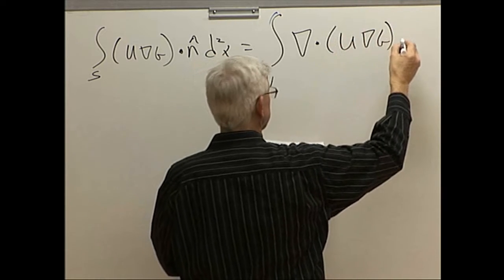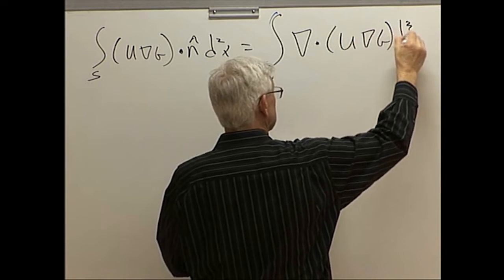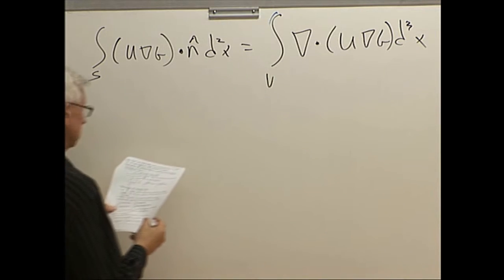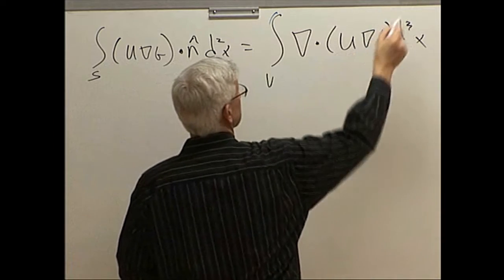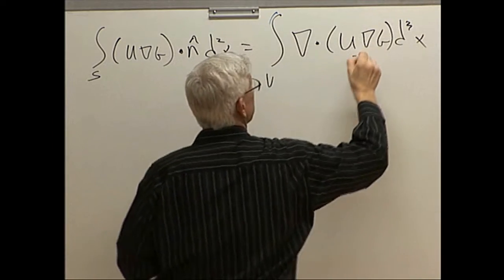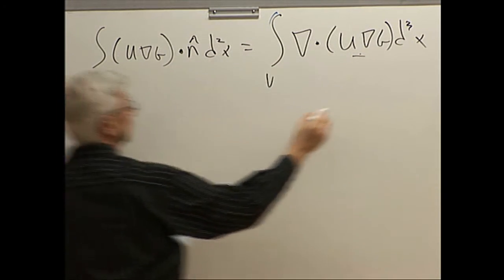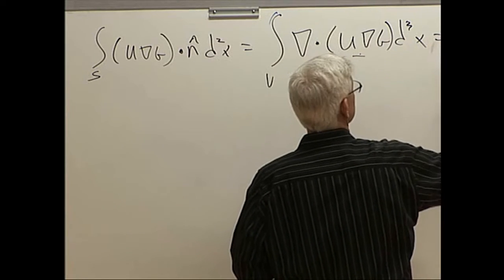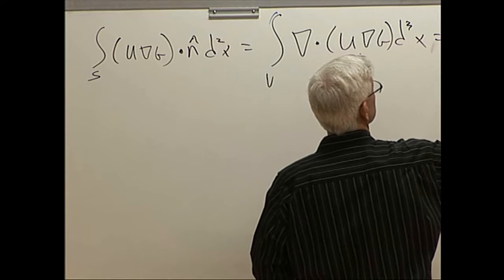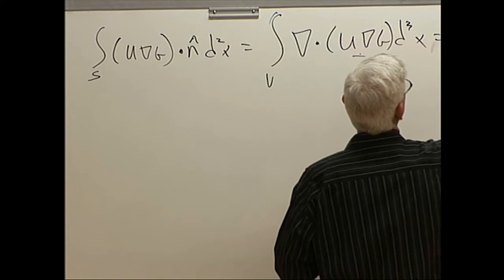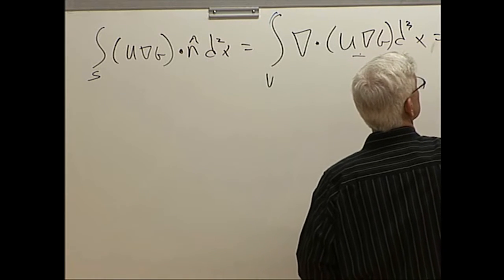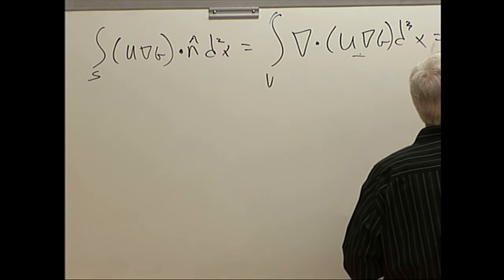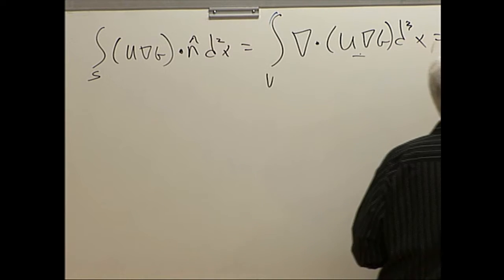That's just substituting in psi over the volume. Okay. Now, we can use our vector identity here. It's exactly what we have here. So this is equal to the integral over the volume of u del squared g plus del u dot del g over the volume.